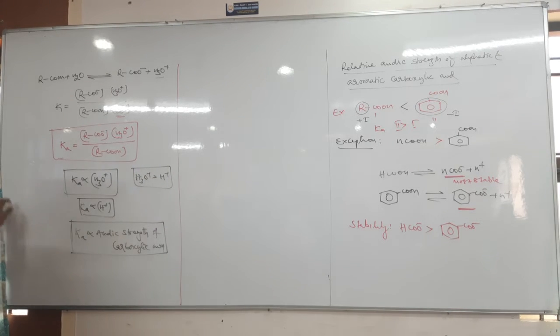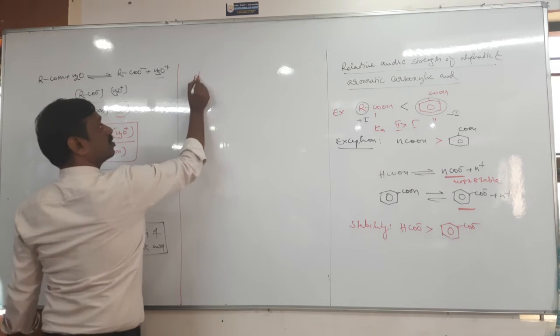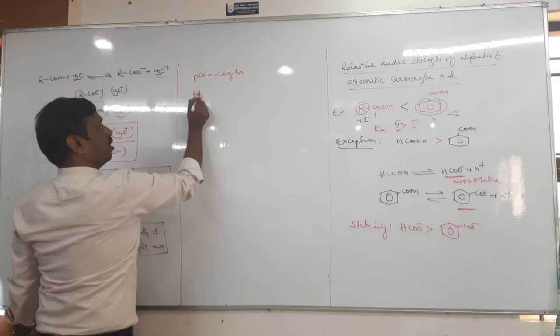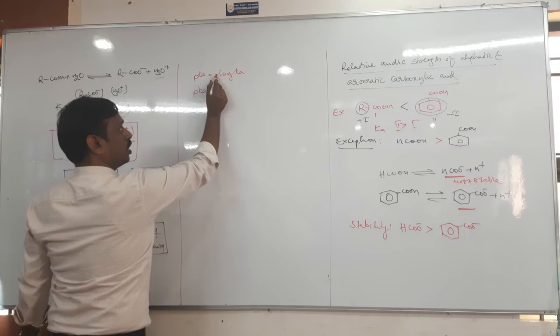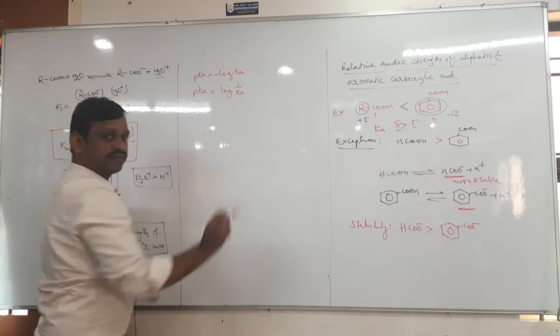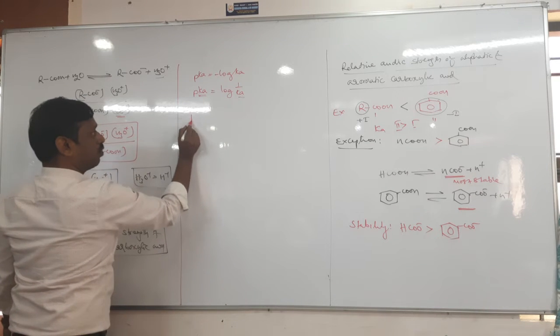Next, Ka can also be related to pKa. How? Do you know what pKa is? Minus log Ka. Then pKa is also equal to plus log 1 by Ka. Therefore the relation between pKa and Ka is inversely proportional.